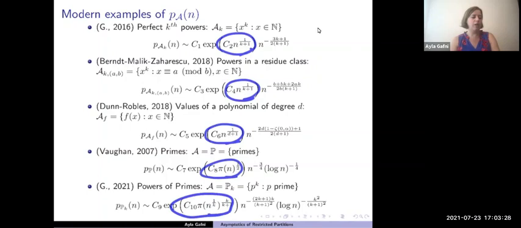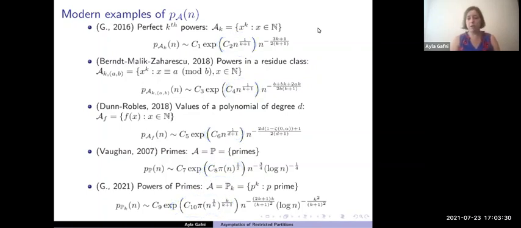And that's where the dominant part of the growth is. And all that matters is how many elements there are in your set up to n. As we can see, all of these restricted partition functions have a similar asymptotic formula format. And moreover, they actually are proven using a very similar version of the Hardy-Littlewood circle method.